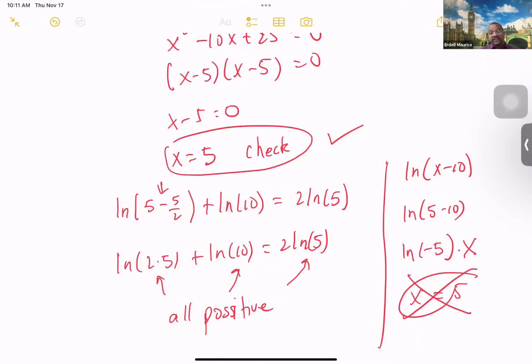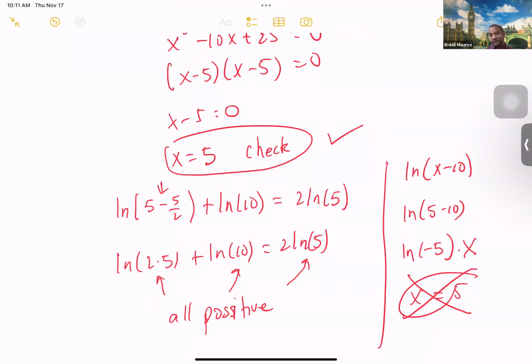And so in this case, the answer would be no solution. So you have to keep that in mind when you're working with your logarithmic equations in particular: you have to check your answers, because again, you cannot take the log of a negative number.